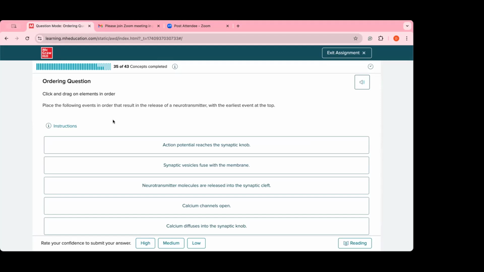I forget when the synaptic vesicles fuse.